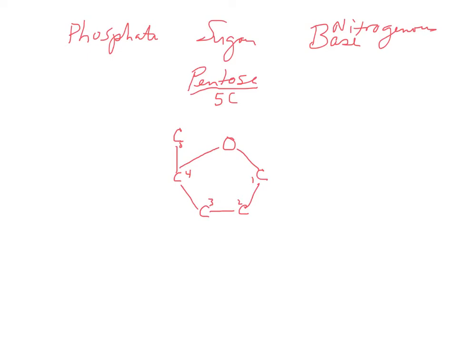Every time I drew a line, I was drawing a covalent bond. And we haven't talked about that yet, but we will. And covalent bonds are very strong. Okay, so we have a 5-carbon sugar, and I told you that there's a phosphate group, and that phosphate group is linked to the 5th carbon.